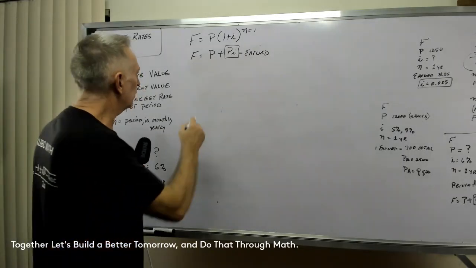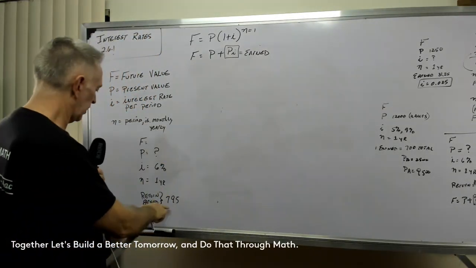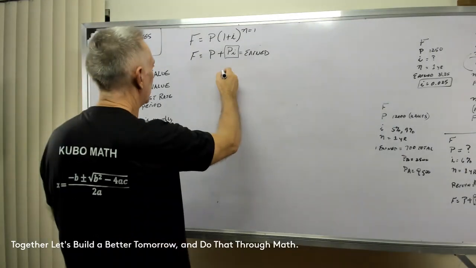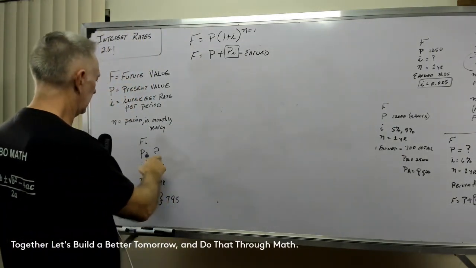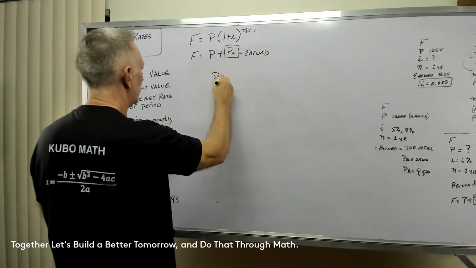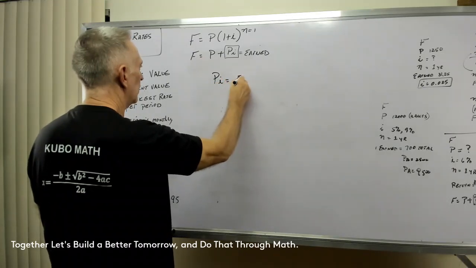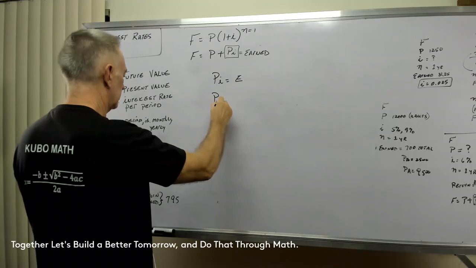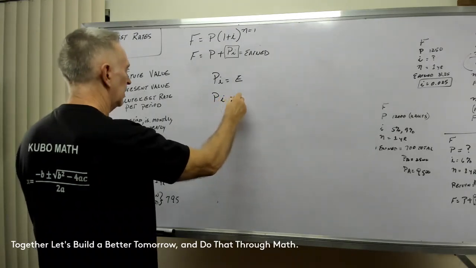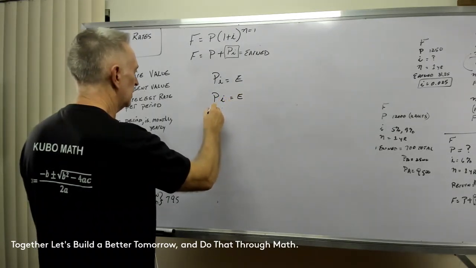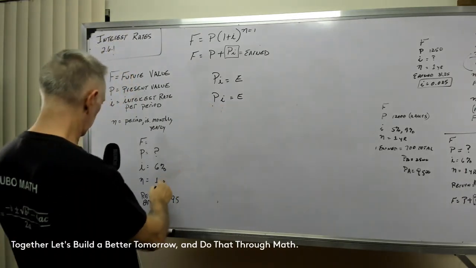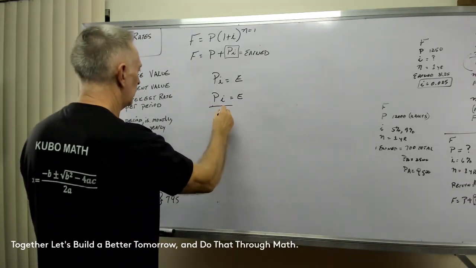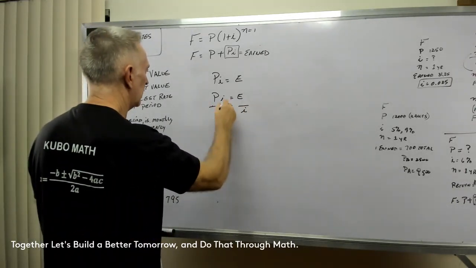So let's go back to what we had up here. They earned 795. We know i, so we can say, well, hey, we can do this: Pi equals earned. We don't know what P is. We know i, we know earned. What do they want to know? P. So let's divide both sides by i.